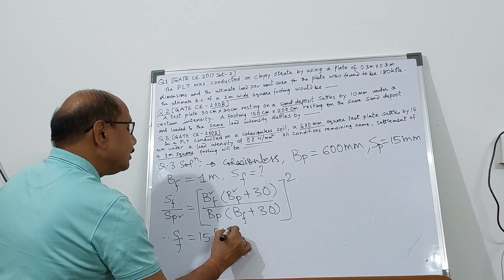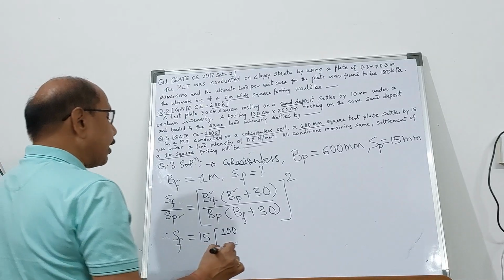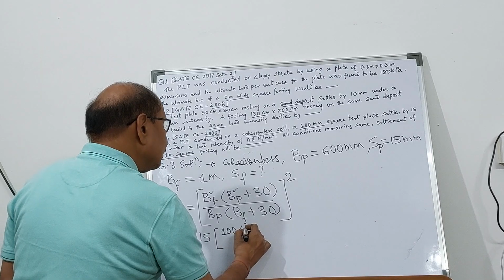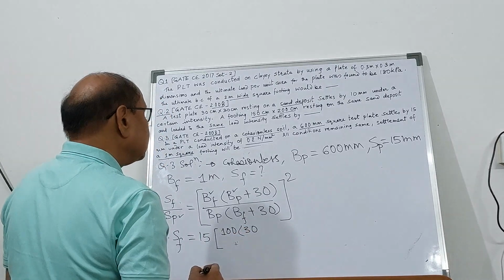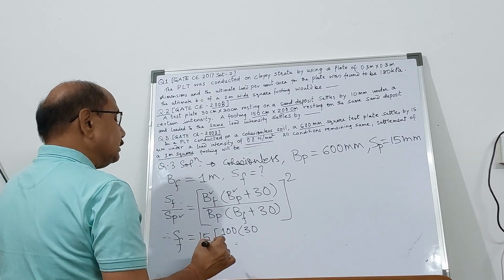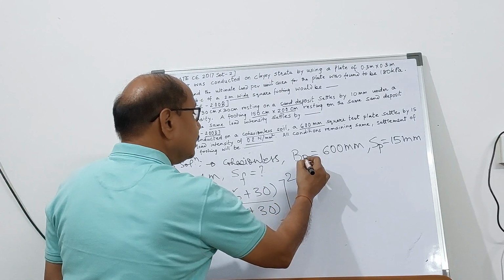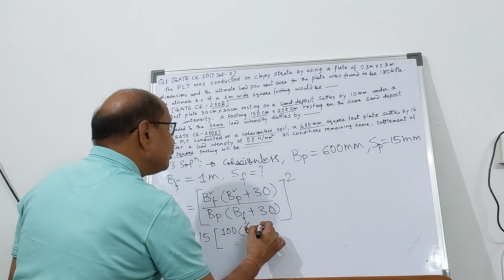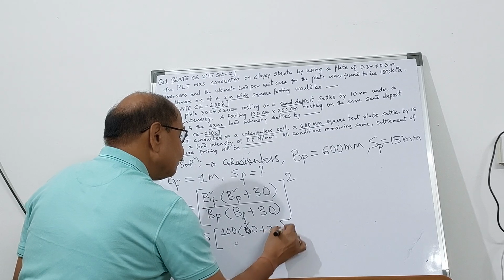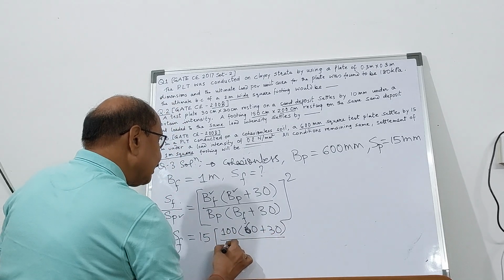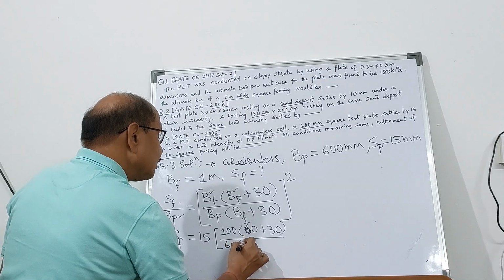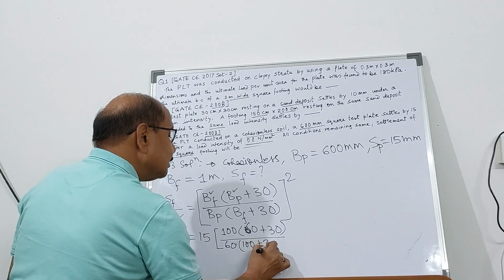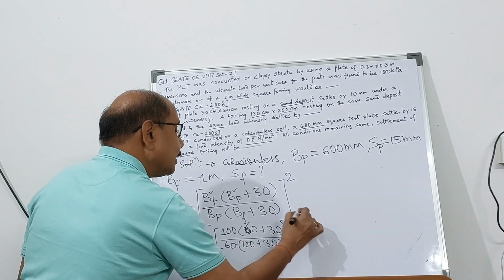So it will be 100 centimeter, and width of the plate is 60 centimeter plus 30, divided by width of the plate 60 centimeter, width of the footing is 100 plus 30, whole square.